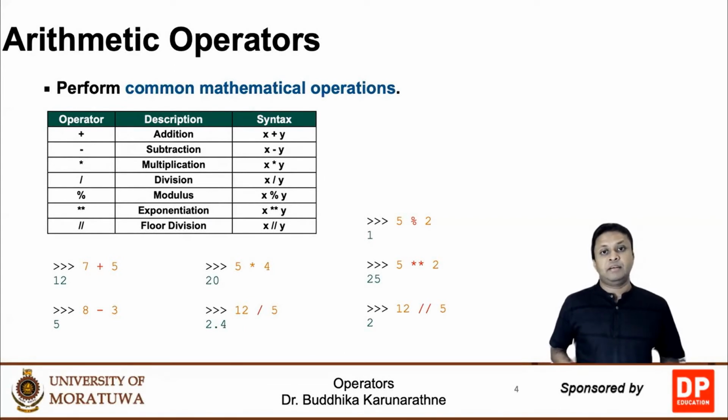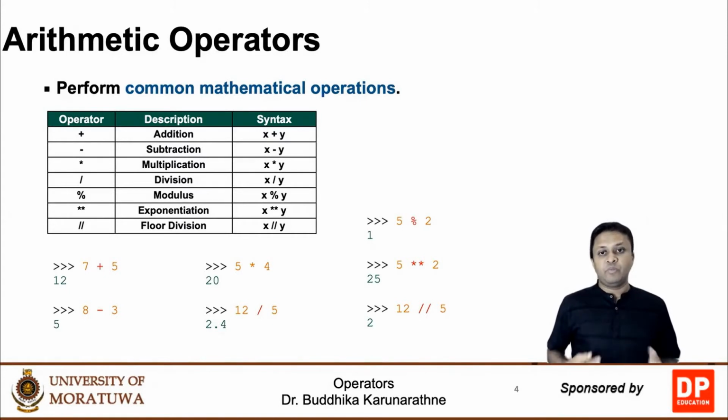Arithmetic operators are used for performing common mathematical operations in Python. The table you see shows Python's arithmetic operators with their symbols and meaning. We have the basic arithmetic operations: addition, subtraction, and multiplication. Then we have two types of division, standard division and floor division.